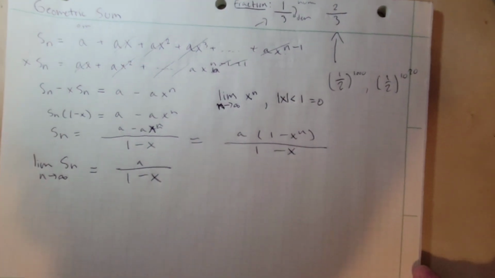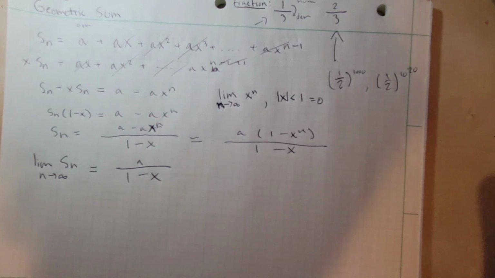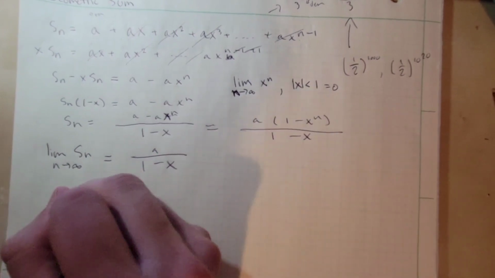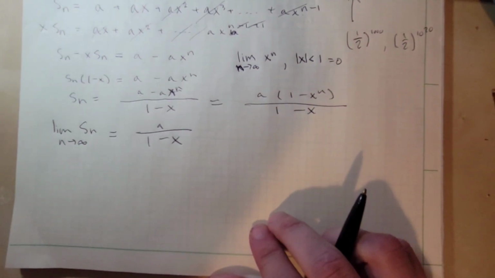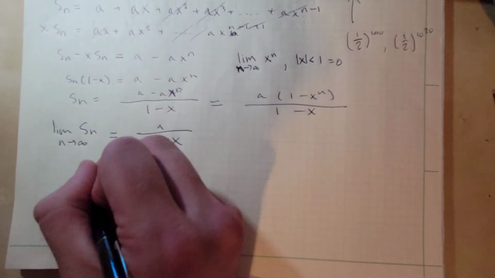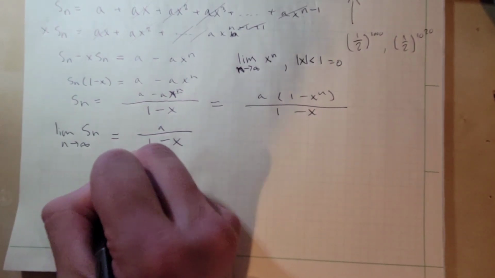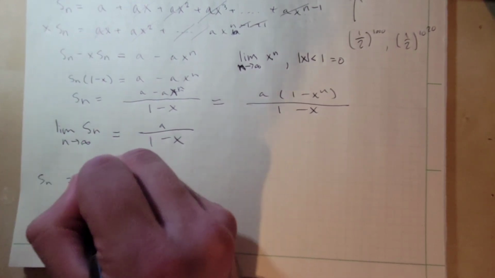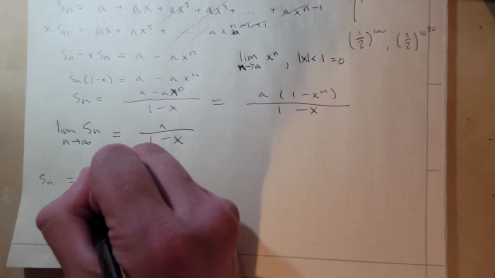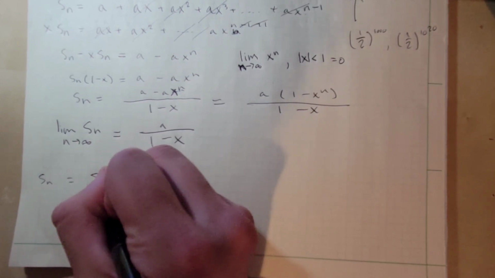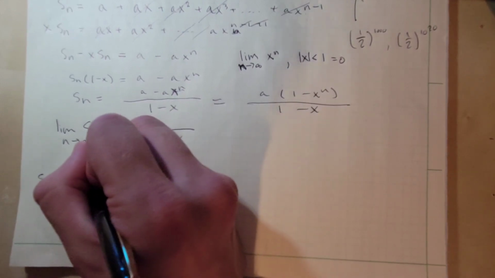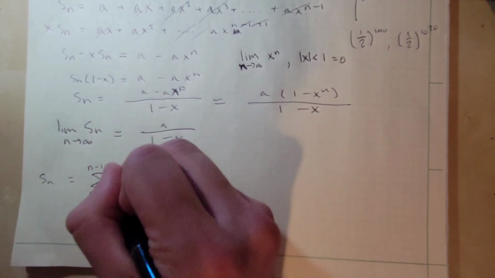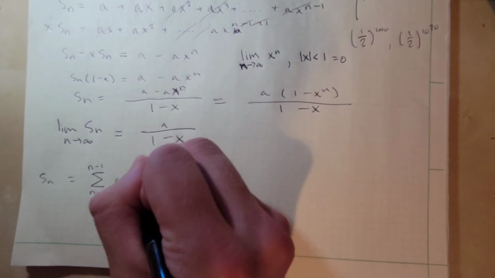Awesome. So that's the derivation of a geometric sum, but how would we write it in a more intuitive sense in terms of some summation notation? So let's say we have a summation, so S sub n will equal the summation from n equals 0 to n minus 1 of a x raised to the power of n.